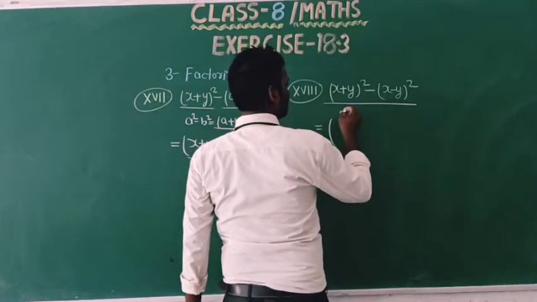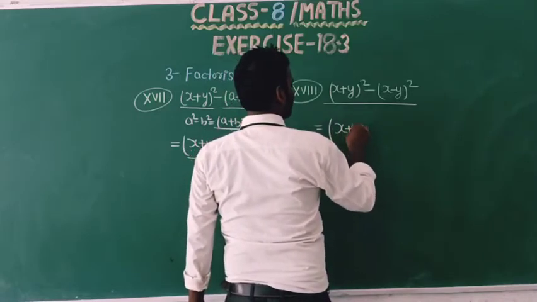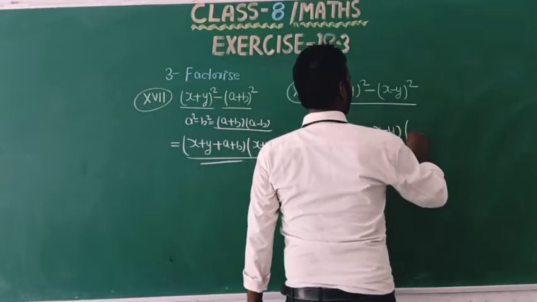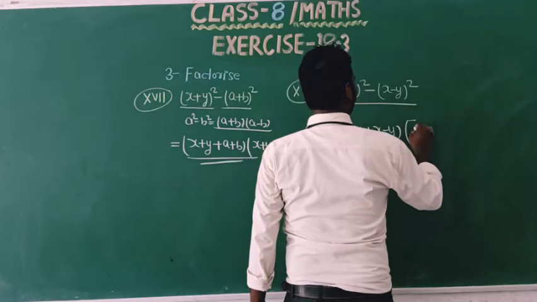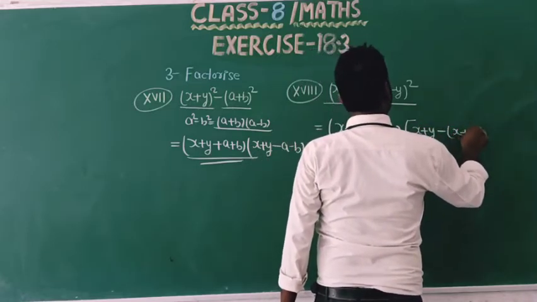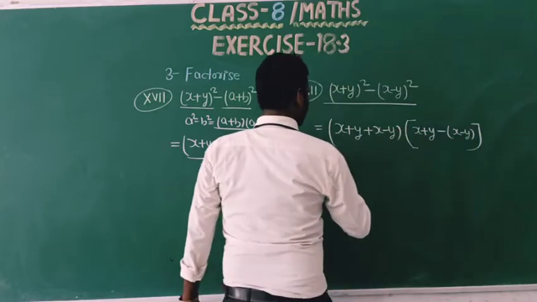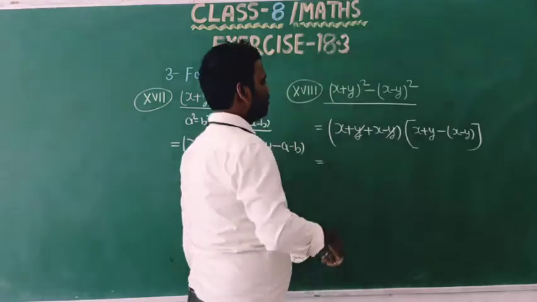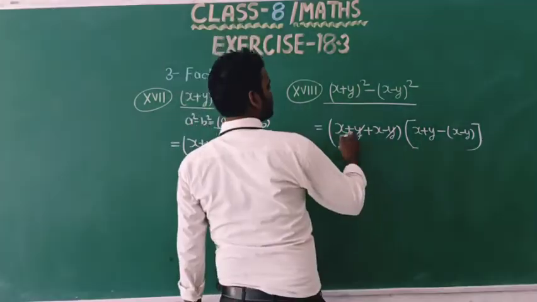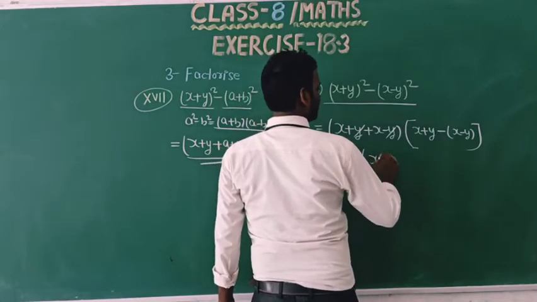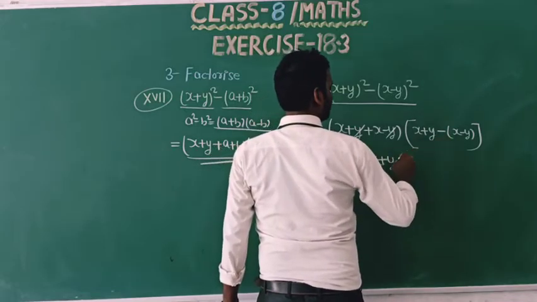This is written in one bracket x + y + x - y, and in the second bracket x + y minus (x - y).